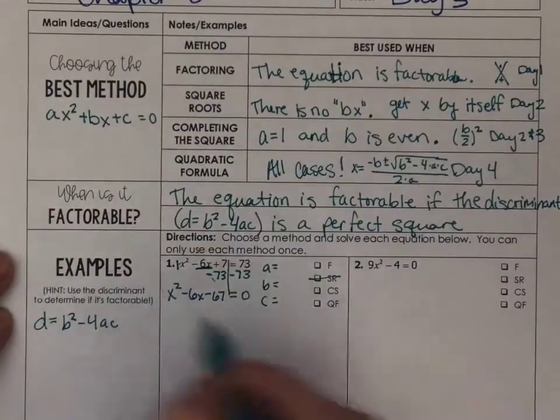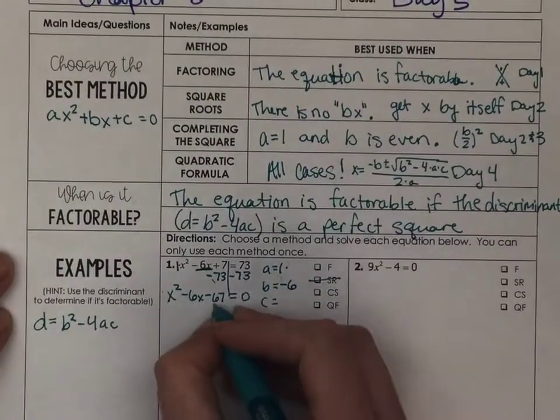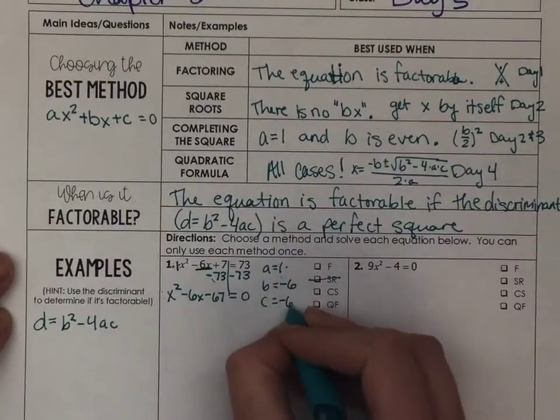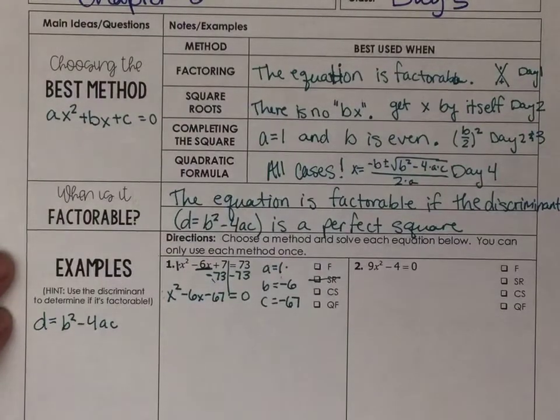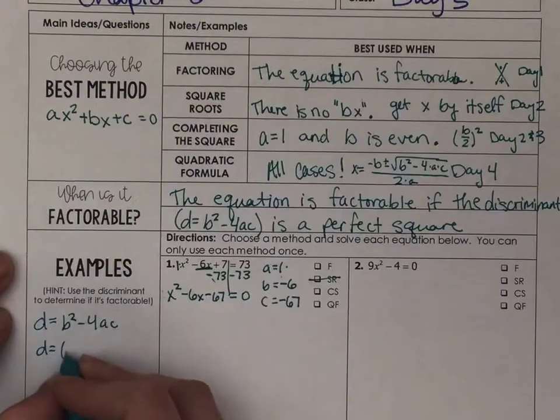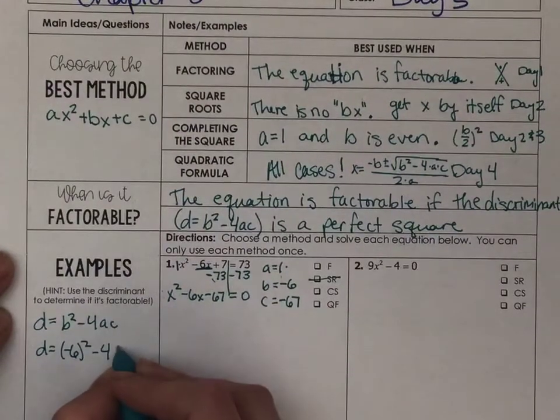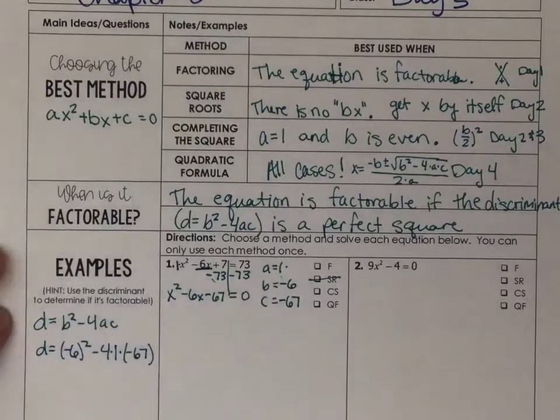We already said that a was 1, b is negative 6, and c we just made is negative 67. So we'll plug all of those in. Negative 6 is b, a is 1, and times negative 67.